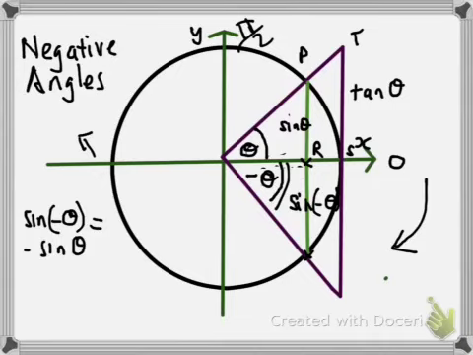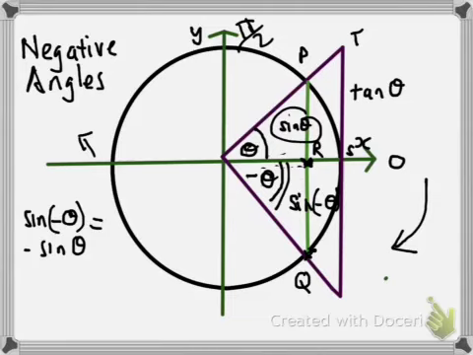In other words, the sine of negative theta, that distance from R down to there, call it Q, is the same as sine theta, but it's a negative value, because we're going from R down to Q in the negative direction. It's the same as sine theta, that value, but it's negative sine theta. So that's our first rule.